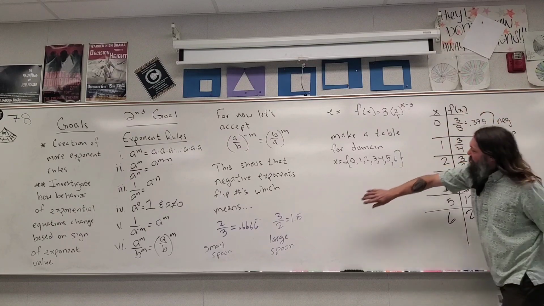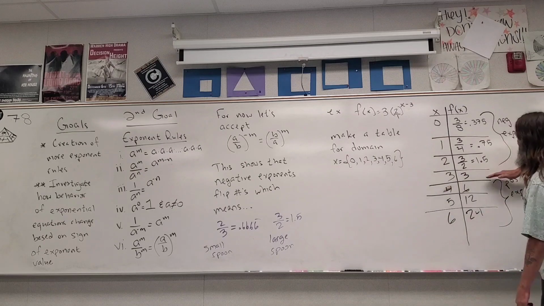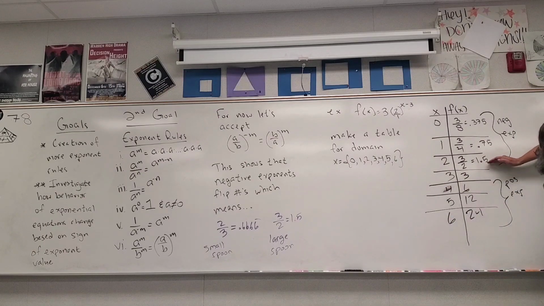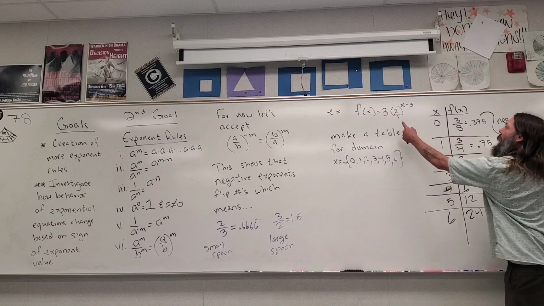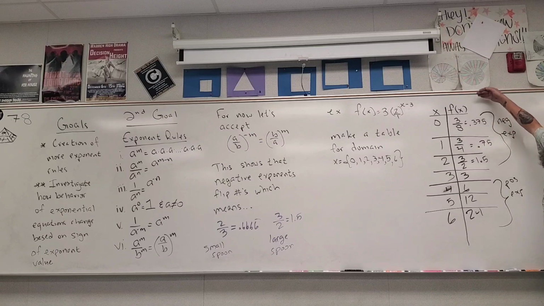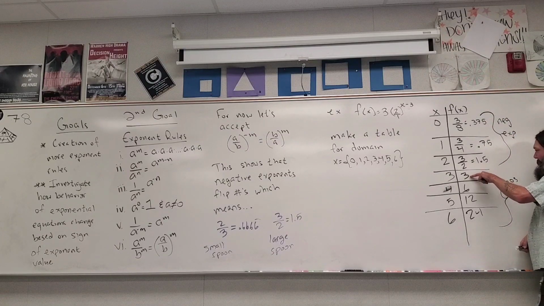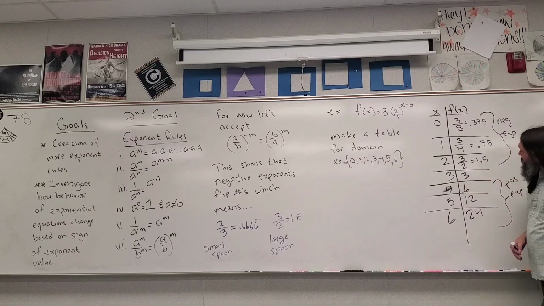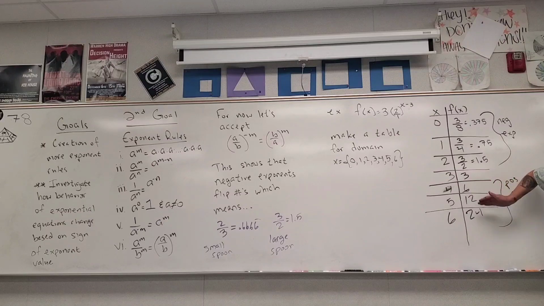And it's getting cut in half because on this side of 3, I'm dealing with a small spoon number multiplied over and over and over again. So every time I multiply by a small spoon number, I'm going to get a smaller result. On this side of the input of 3, I'm left with a large spoon number. And the behavior is a doubling effect.